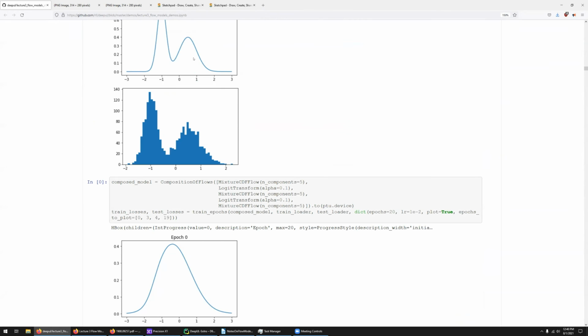Because it's the mixture of CDF flow and then the logit, and then the mixture of CDF flow and then the logit. Yeah, we can think of it that way, but the thetas themselves are directly manipulated by it. It could be, because in the later ones they actually have.